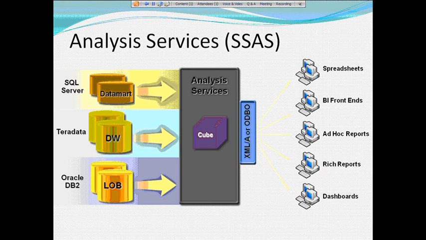Now, I also want to talk about the security implementation on SSAS. The security is implemented as Windows integrated security, so it makes it a lot easier to administer the security on the cubes.